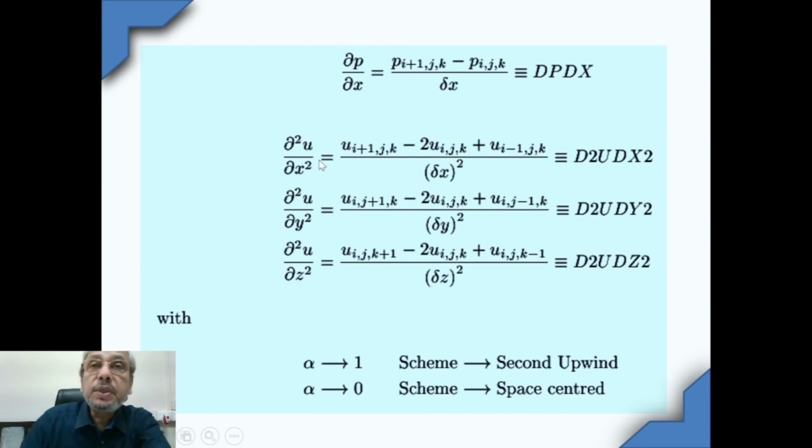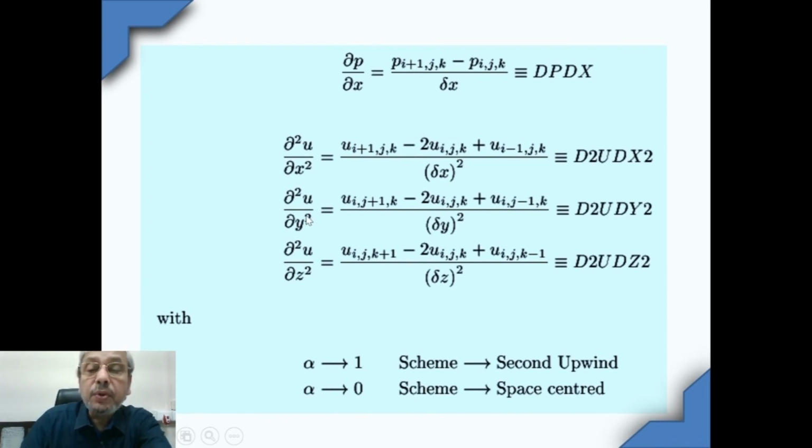Now the diffusive terms, condiff u, we called the total term. So the diffusion terms are del 2u del x2, del 2u del y2 and del 2u del z2 at the point where uijk has been defined.